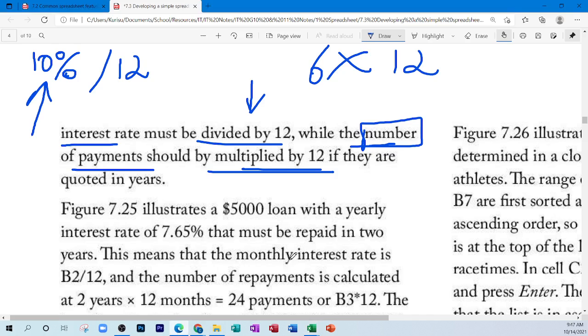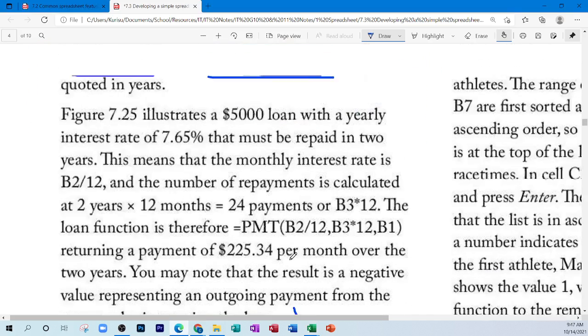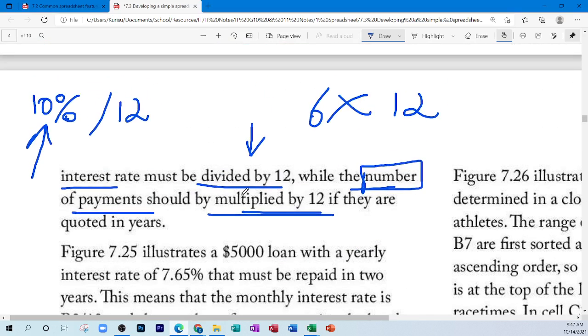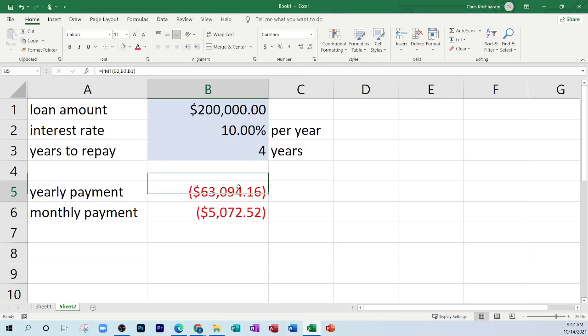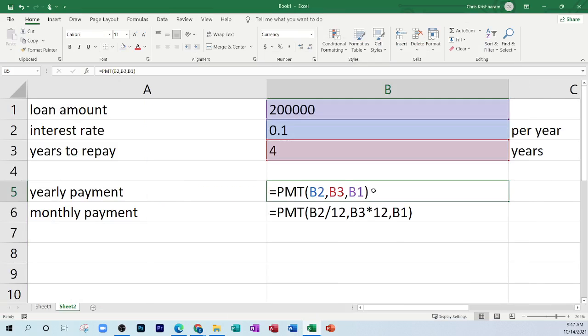All right. So that's basically what the PMT is used for. And please remember the conversion. Please remember the difference between the yearly calculation and the monthly calculation. By default, if you just use it normally, it's going to do the yearly calculation. But if you want monthly, you need to convert the values.